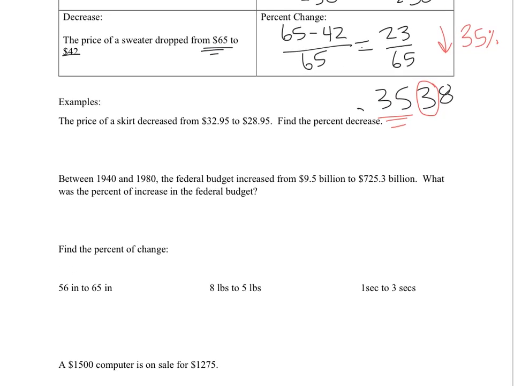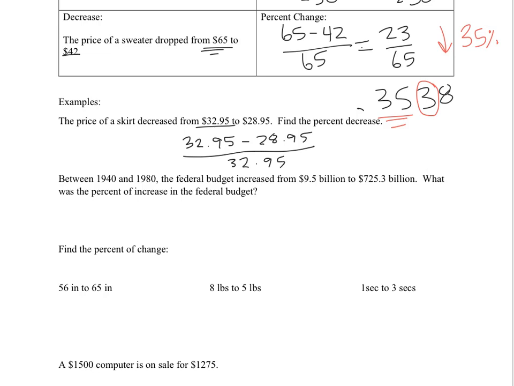The price of a skirt decreased from $32.95 to $28.95. Find the percent decrease. So we're going to find the difference: 32.95 minus 28.95 and divide it by the original number, which was 32.95.